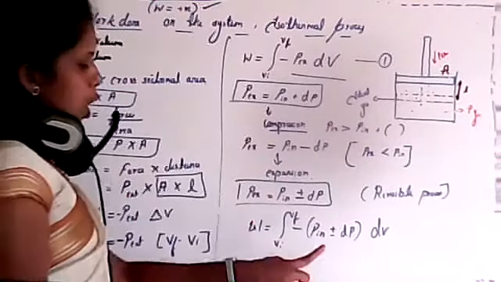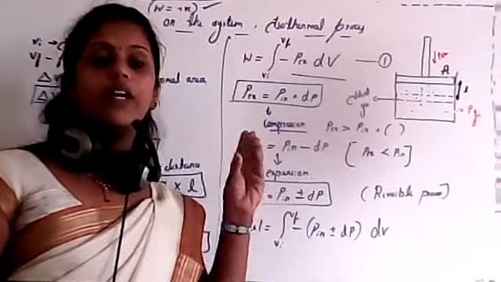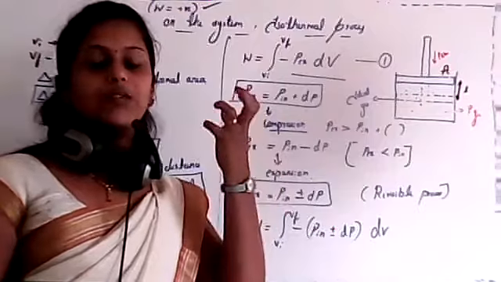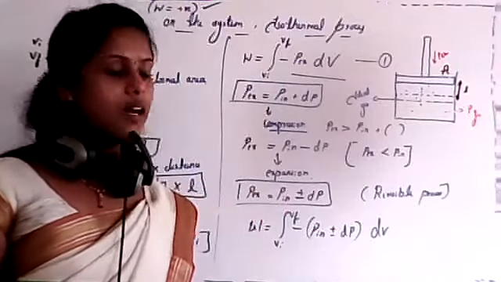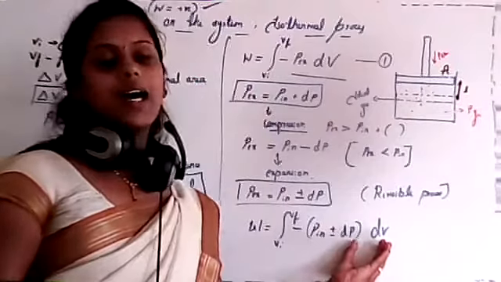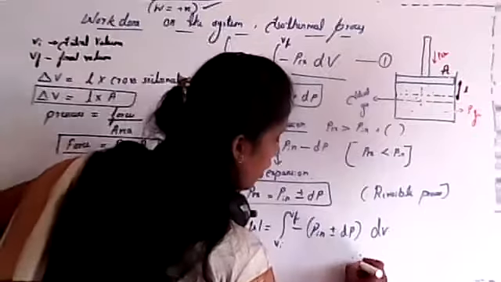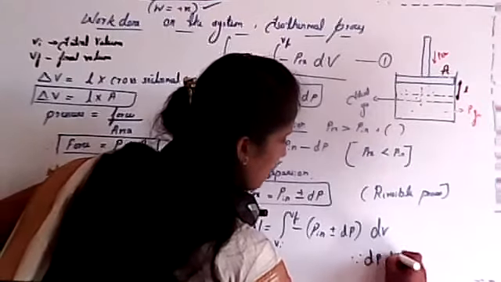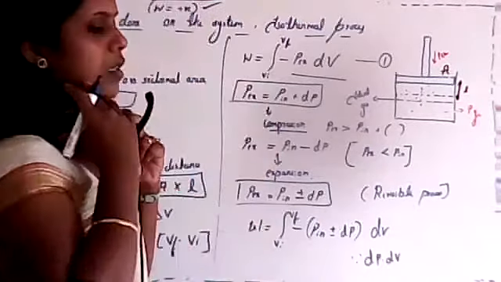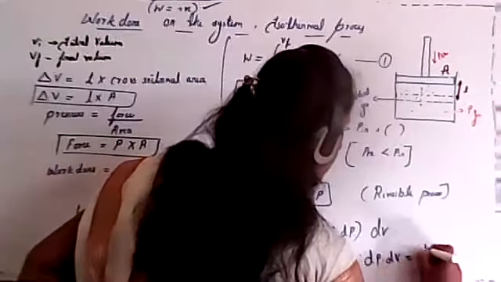See, I already explained that the change in pressure is very low. dP is very small. Clear? When we compare dP and dV, both are small changes. So that's why dP and dV, I'll consider it as dV itself.